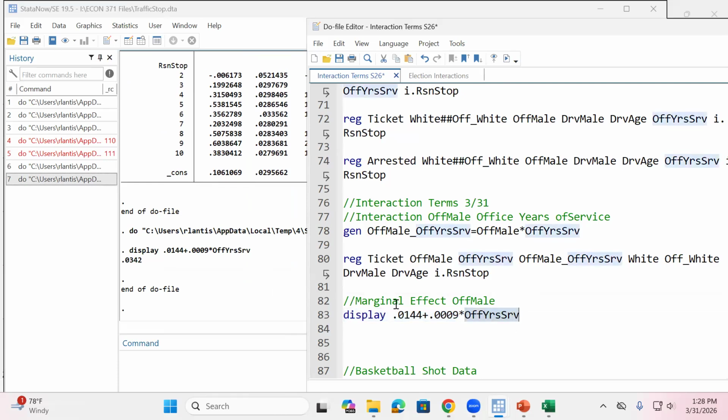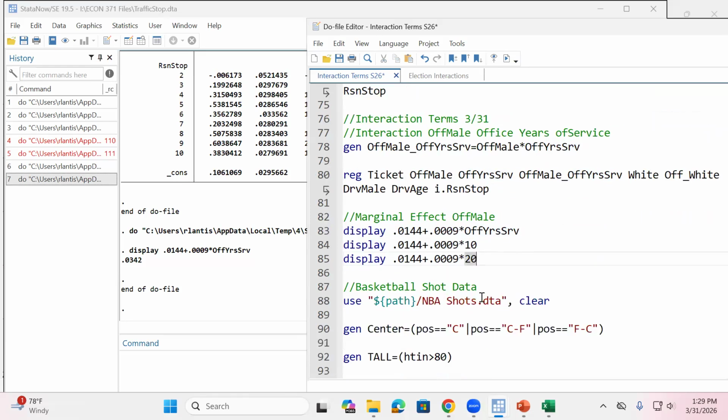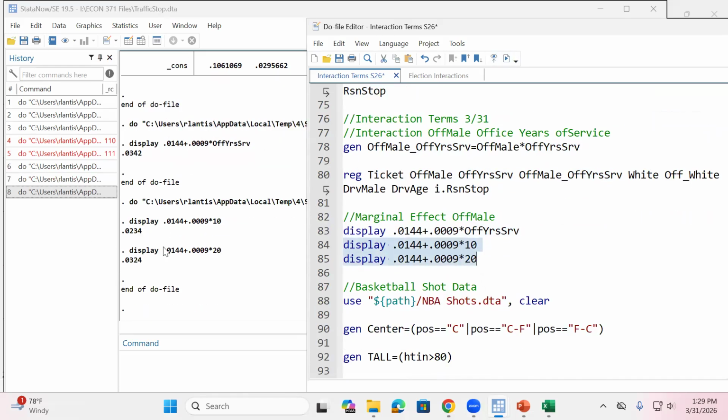So I'd want to ask, what's the marginal effect of the officer being male if the officer has been working for 10 years? What about if they've been on the job for 20 years, right? I could then find the marginal effect of the officer being male for different values of that years of service, okay?